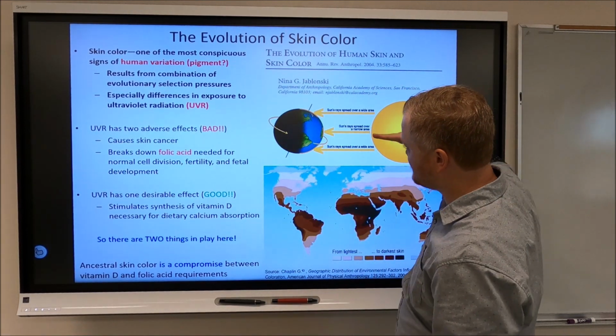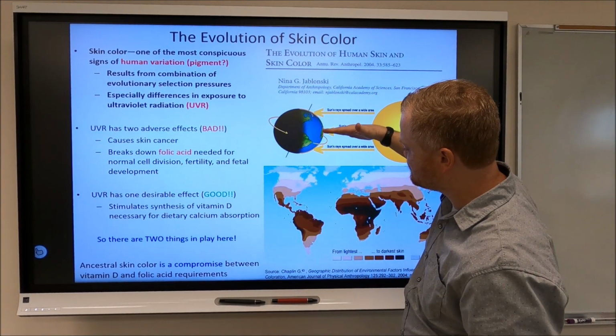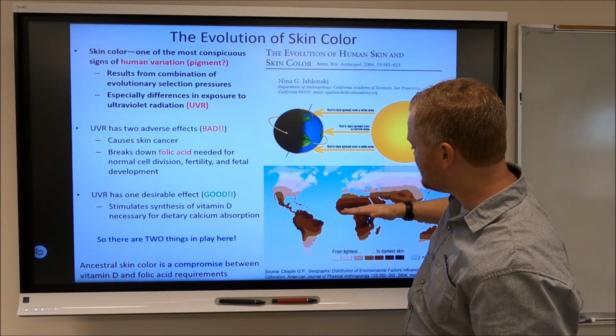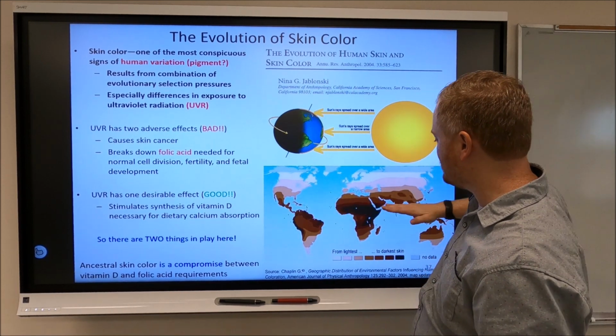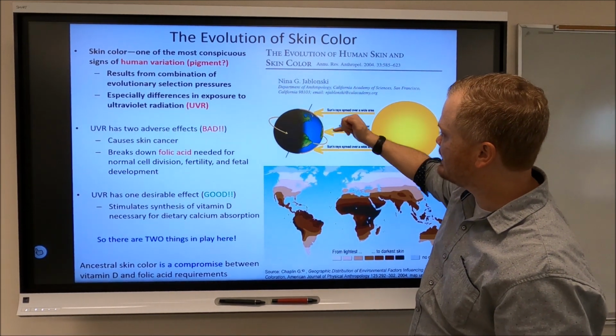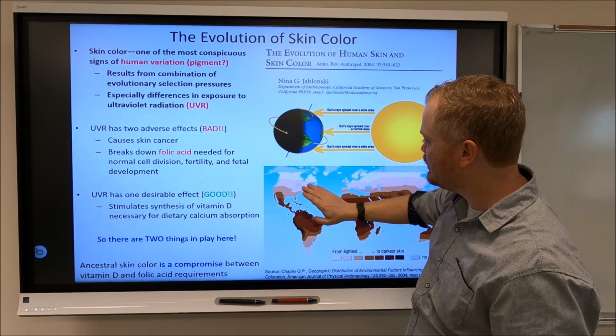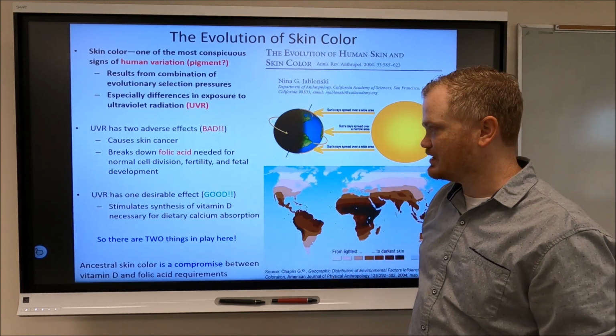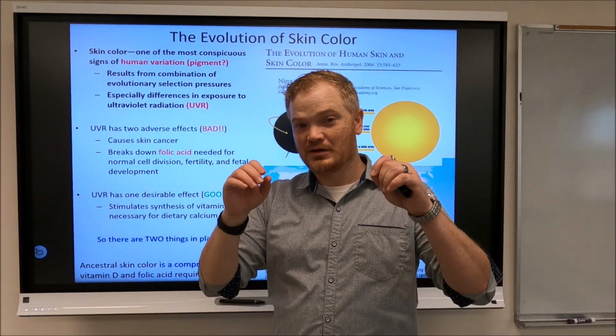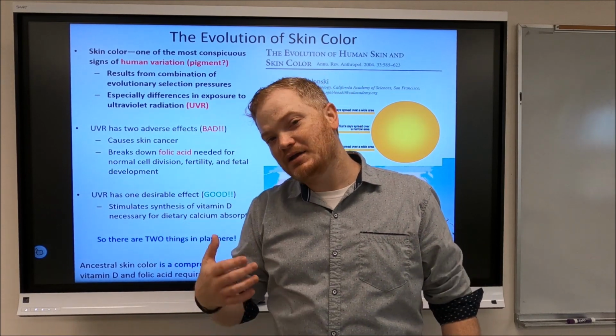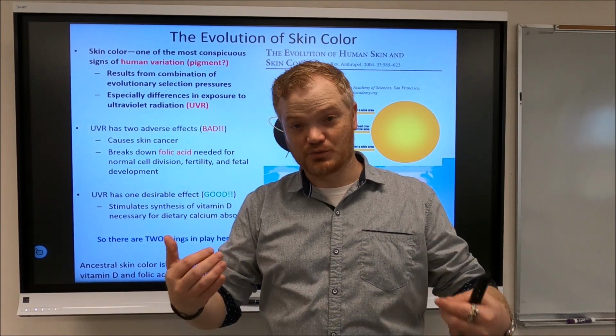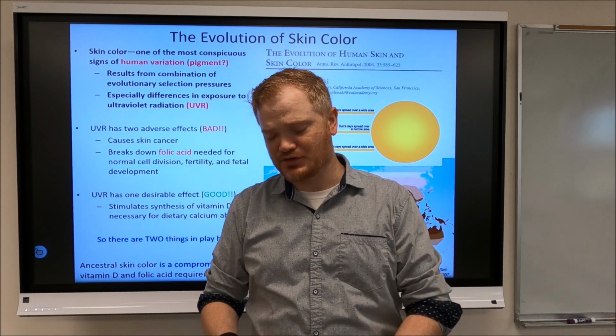So, because light comes in at a direct angle at the equator, there's more UV radiation coming in, there is more melanization that occurs in these regions. And again, the further up or down you go, the less melanization that occurs. The question becomes, why? Why do we produce melanin in order to protect us from ultraviolet radiation?